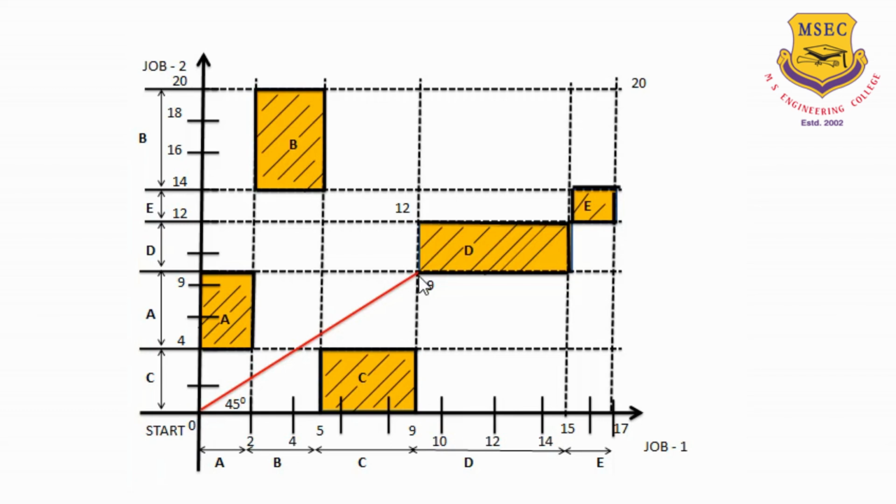Now here, the 45-degree line we have written comes to the corner of this particular D. We cannot progress further with a 45-degree line because we have got an intersection zone. So it prevents the writing of a 45-degree line. Now I have an option either to go in a horizontal way or in a vertical way. I choose to go the vertical way because it's going to be the minimum time, right?